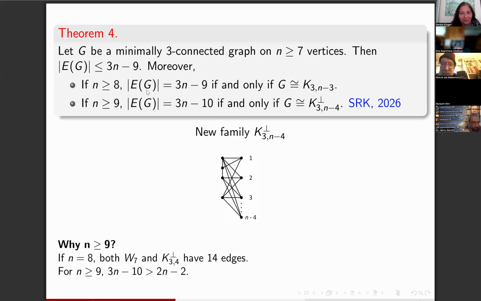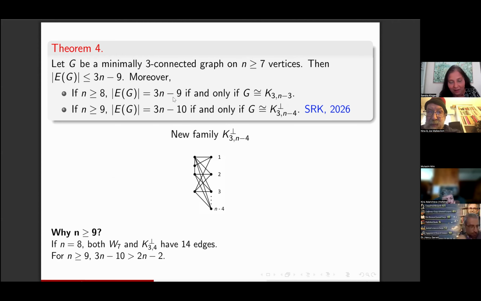So the extremal graphs at 3n minus 9 is K3,n-3, but you can also get the next one, 3n minus 10, if and only if it is this K3,n-4 perp. That's what I'm calling it. If you have a better name, let me know. I'm happy to change names.